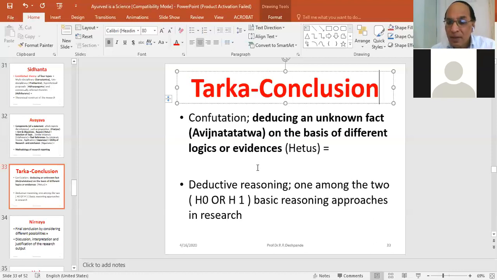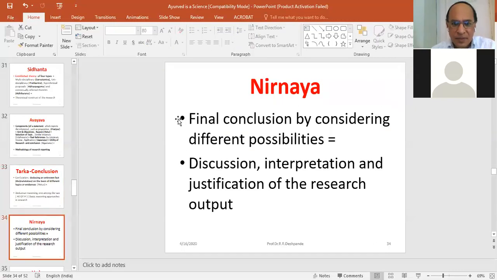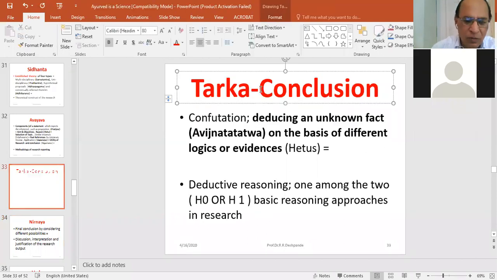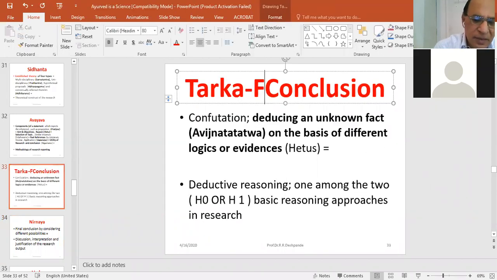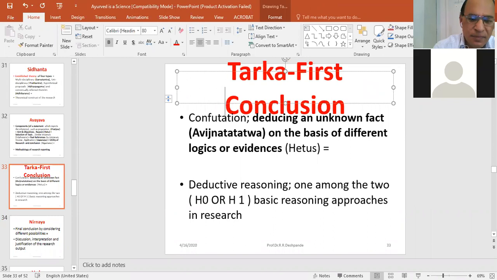Why so long? But if the patient by chance comes to you, RA positive, you start this tablet, give it for 3 months, stop, again give it for 3 months, definitely useful. This is Tark, conclusion. Nirnay. I can differentiate, this is the first stage of conclusion. I will make it, this is modified, okay?